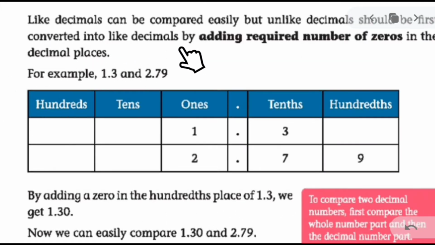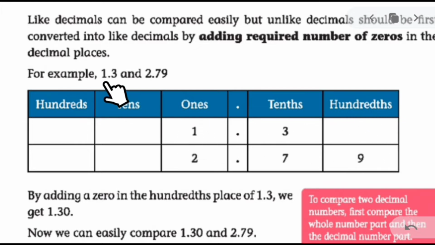Like decimals can be compared easily, but unlike decimals should first be converted into like decimals by adding the required number of zeros in decimal places. Look at the example, 1.3 and 2.79. First, we write them in the place value chart.